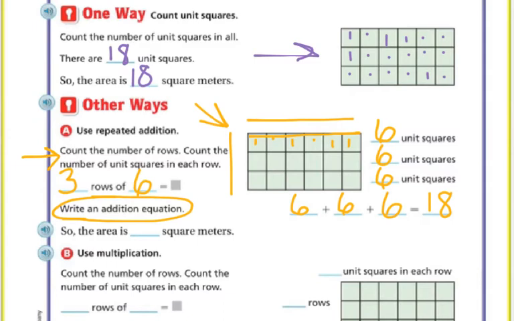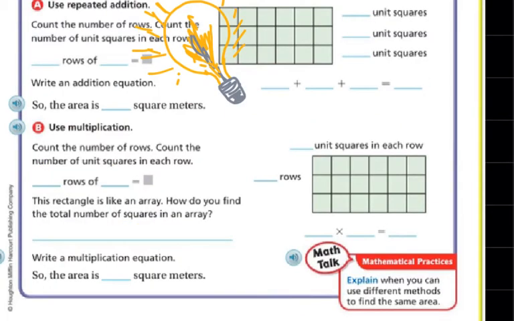All right, now leading up to the big finale. Here is by far the easiest way and the formula that you need to know to find the area of a square or a rectangle. And notice that we have 6 unit squares in each row. There are 3 rows.